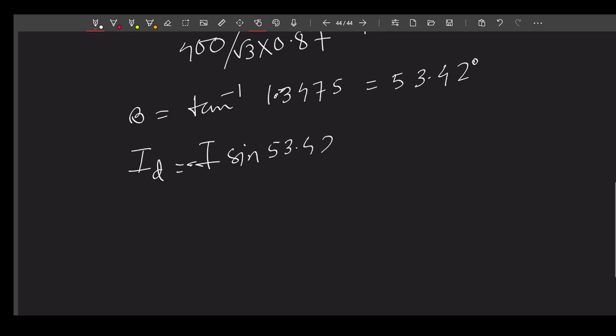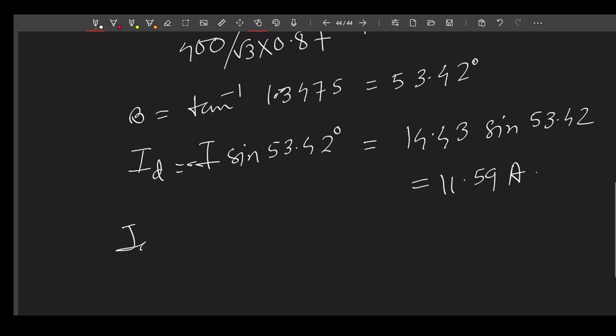Actually, before I give the answer in this problem, we got our answer to what I asked you in the last problem: can we have a situation where ID is greater than IQ?